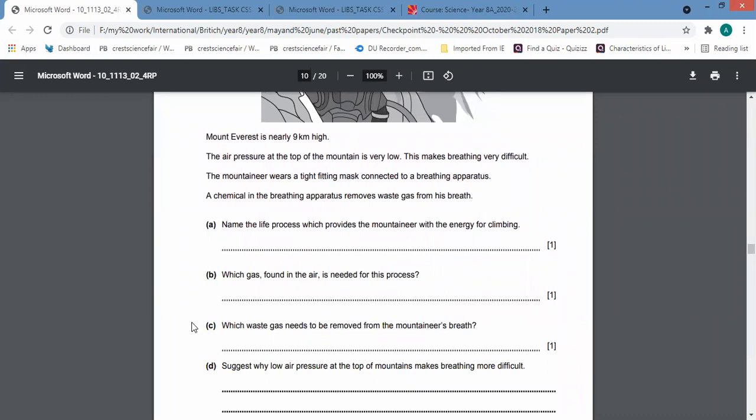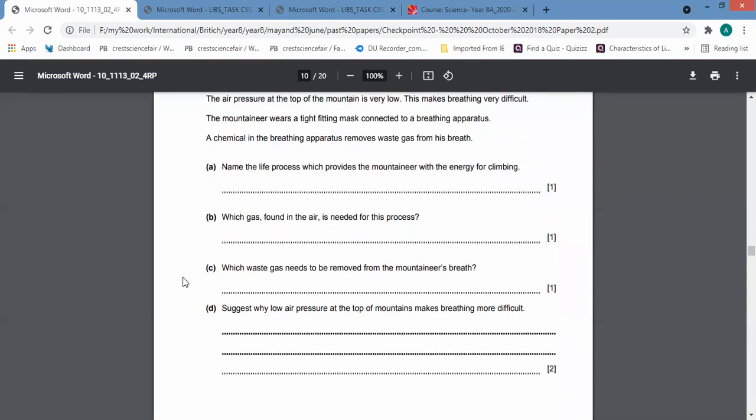The air pressure at the top of the mountain is very low. This makes breathing very difficult. The mountaineer wears a tight-fitting mask connected to a breathing apparatus. A chemical in the breathing apparatus removes waste gas from his breath. Name the life process which provides the mountaineer with the energy for climbing.